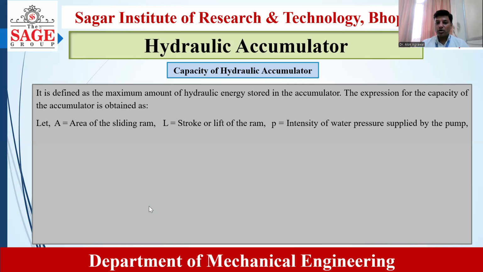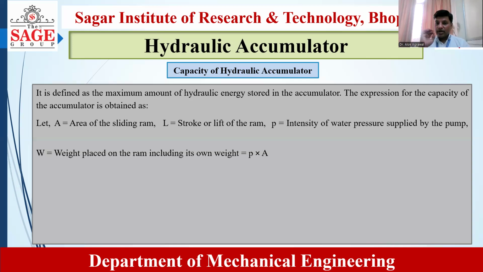That is called the stroke, or it is also known as the lift of the ram. Next is P, the intensity of water pressure supplied by the pump. The pressure intensity with which the pump supplies water inside the accumulator is given by P.